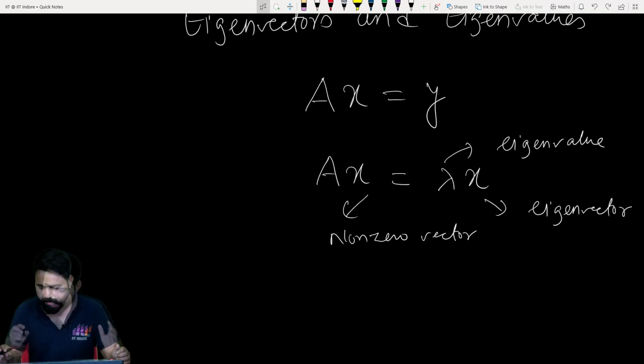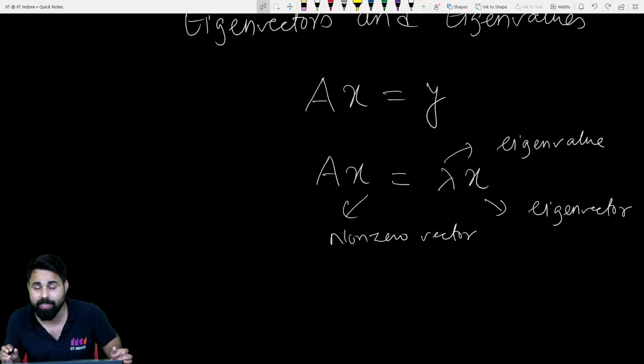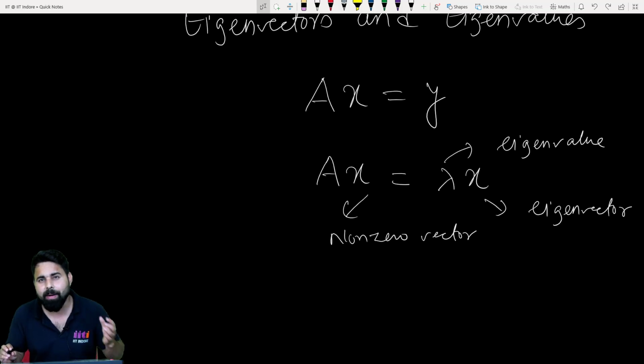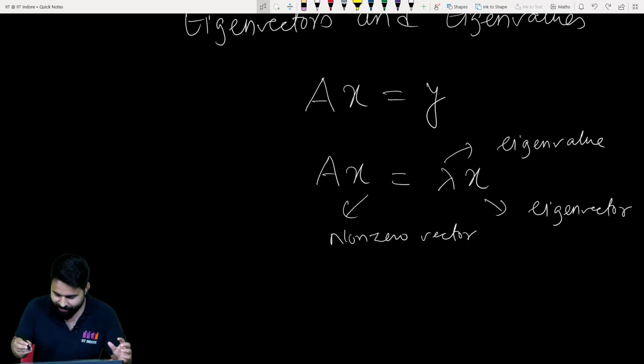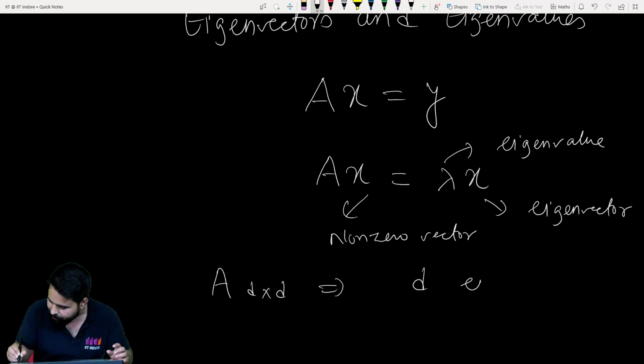Now there are a few important points related to eigenvalues and eigenvectors. By the way, how many eigenvalues will there be? If the matrix is D cross D, the number of eigenvalues will be D.